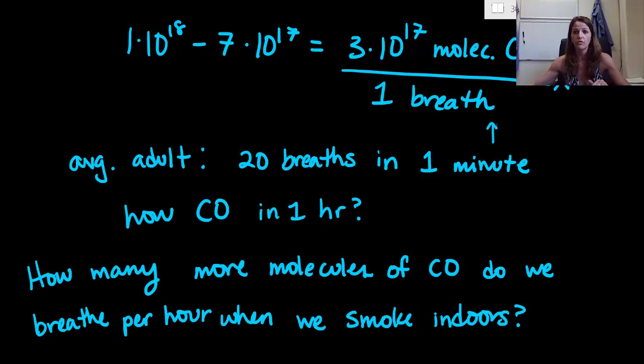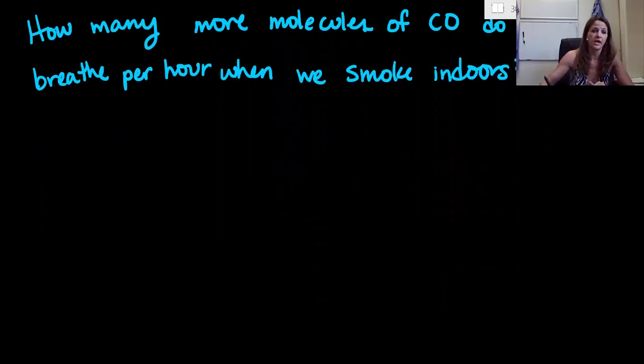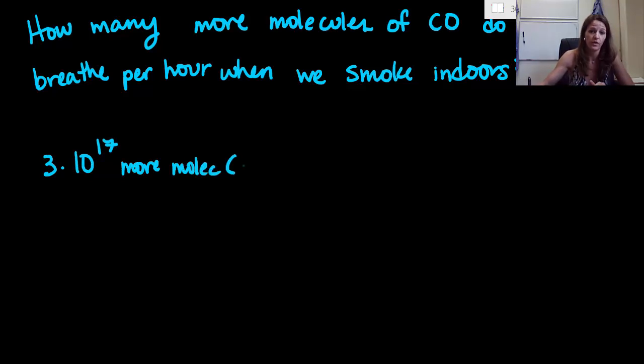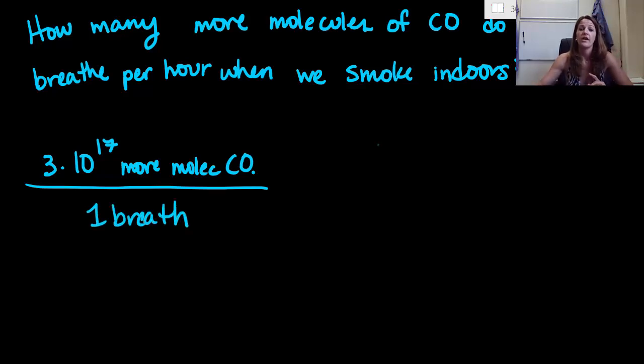So again, let's start off with this number at the top. We calculated that 3 times 10 to the 17th more molecules of CO are inhaled per every 1 breath. Now, we said that for every 1 minute, an average adult takes about 20 breaths.